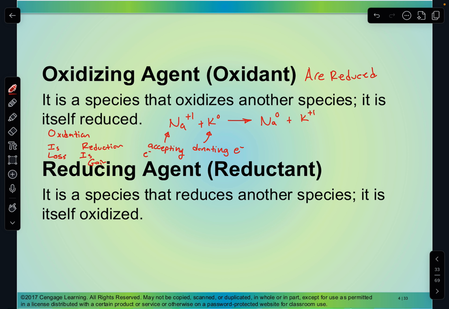Then oxidation is loss. The thing that lost an electron is oxidized. The thing that gained an electron is reduced. So if it is reduced, it is an oxidizing agent, which means it oxidized something else.